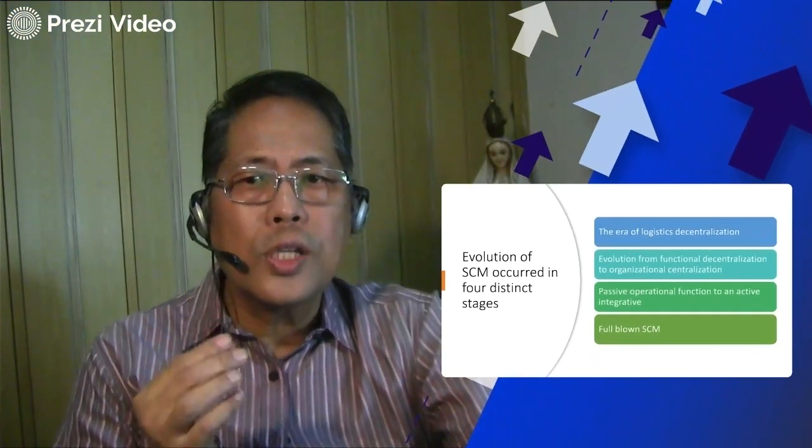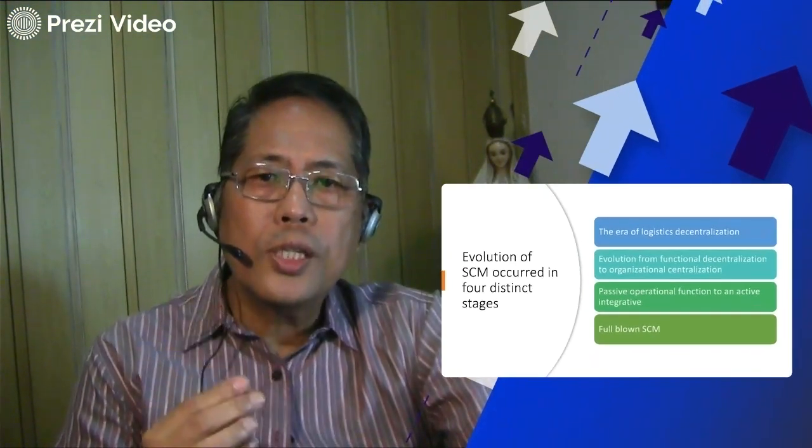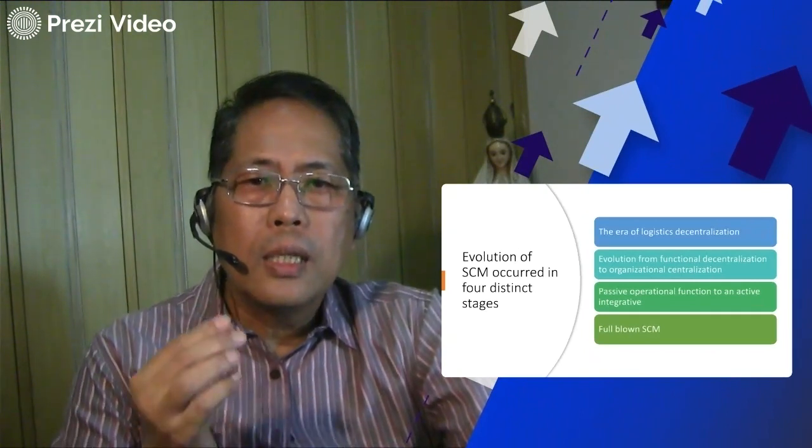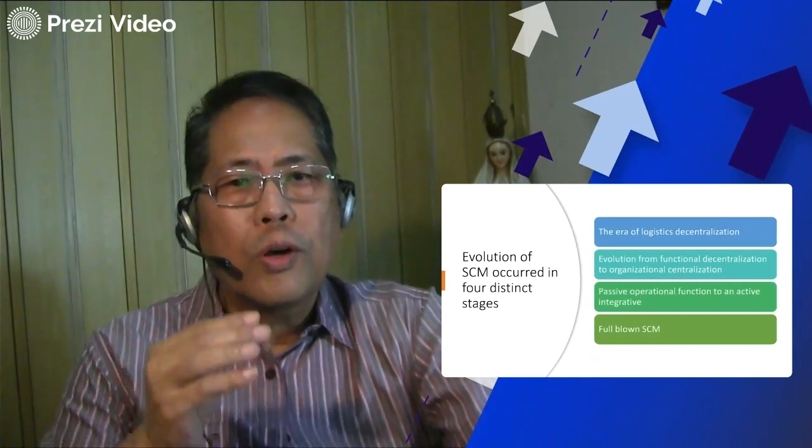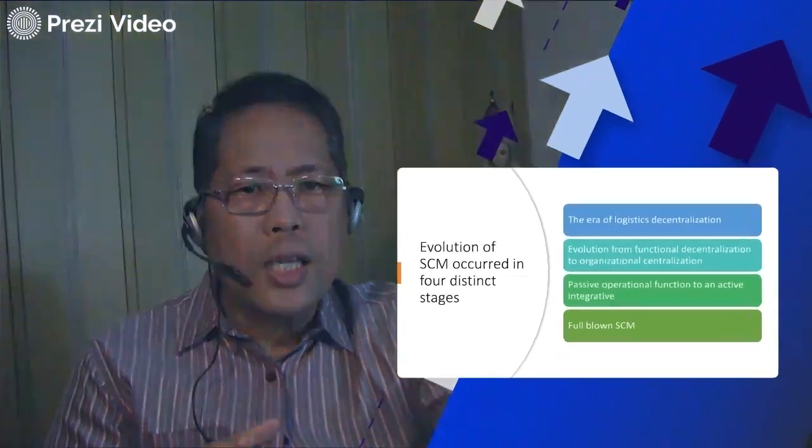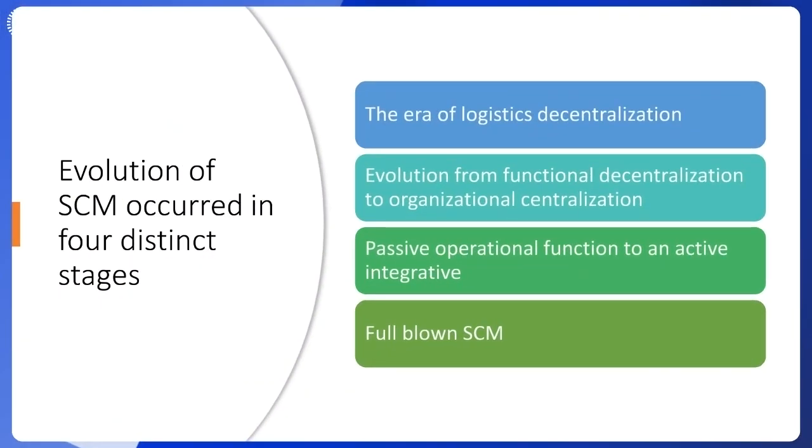In the second stage, logistics began the evolution from functional decentralization to organizational centralization, driven by requirements for cost optimization and customer service. Let's go to stage three.